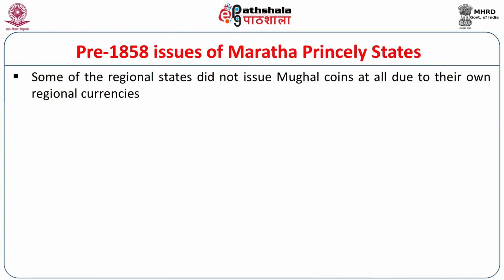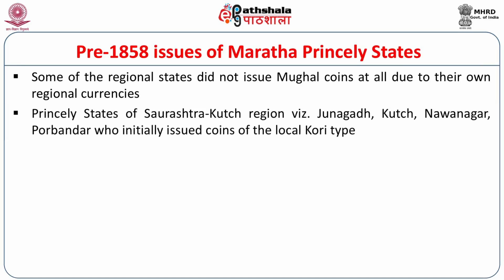Some of the regional states didn't issue coins of the Mughal prototype simply because there were current regional currencies employed in the region. Chief among these were the princely states of the Saurashtra Kutch region, namely Junagadh, Kutch, Nawanagar, also known as Jamnagar, and Porbandar, who initially issued coins of the local Kori type from the Mughal period and continued the same tradition in the early modern period.